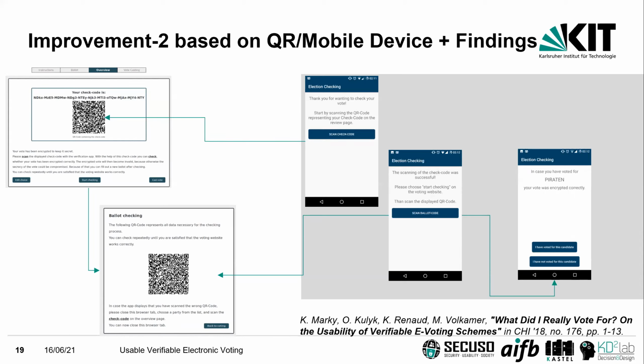Now I have a first question to you. By making this proposal, we also improved slightly the security. Anyone has an idea why this is slightly better from a security point of view than the original version with the two web pages?